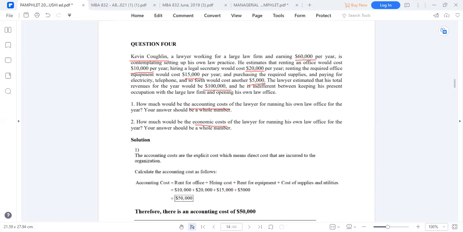It's very important as economists to understand the two and differentiate them for you to be able to compute what we are trying to compute here. I think that's where the key exam question is.